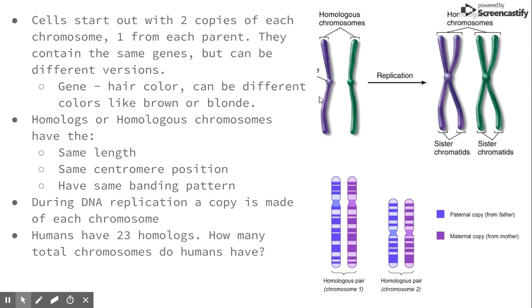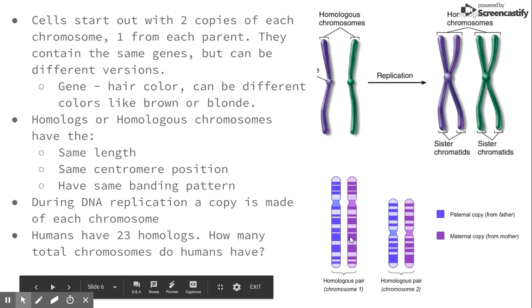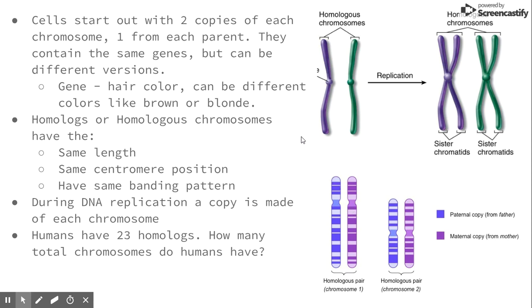And they can have different versions of the same gene. So if we're talking about these homologous pairs down here, maybe this is hair color, and my mom donated a gene for blonde hair, and my dad donated a gene for brown hair. So we got different versions of the same genes.